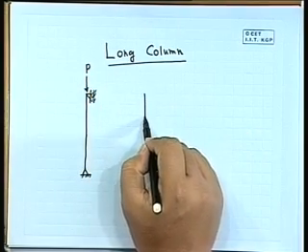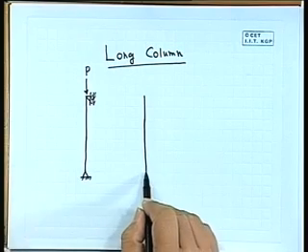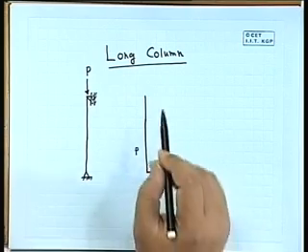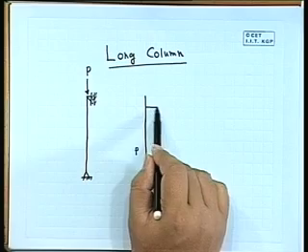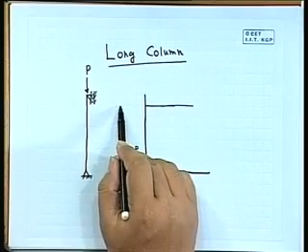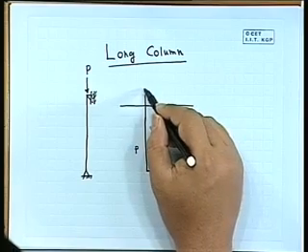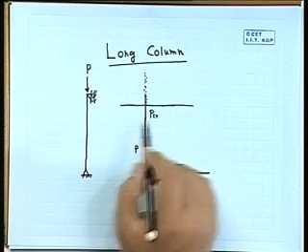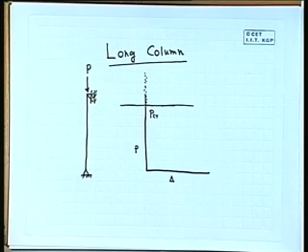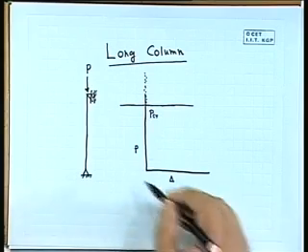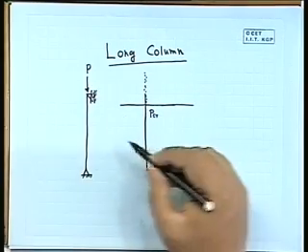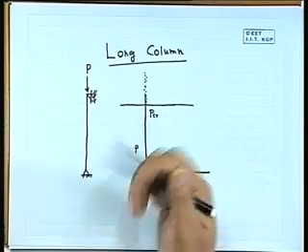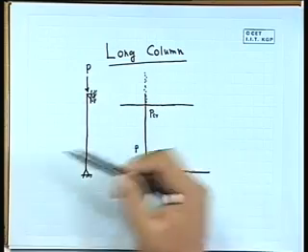Now the load deflection curve, you must remember delta, this was P. Now, if it is a perfect system, if you apply the load, it will directly take that load in the axial manner, there will be no lateral displacement.